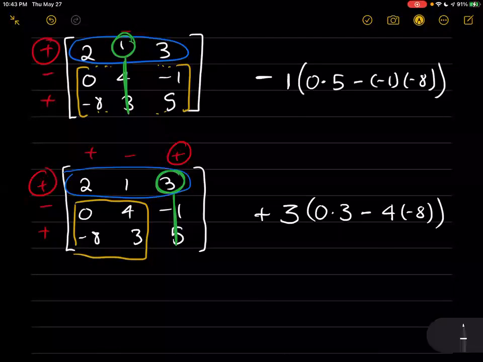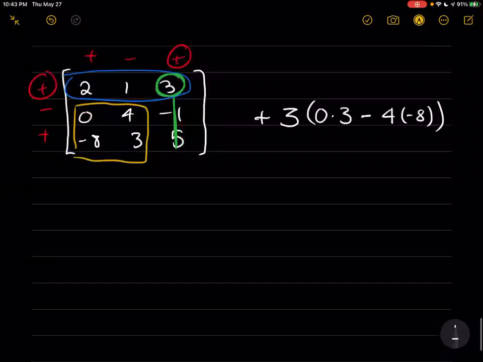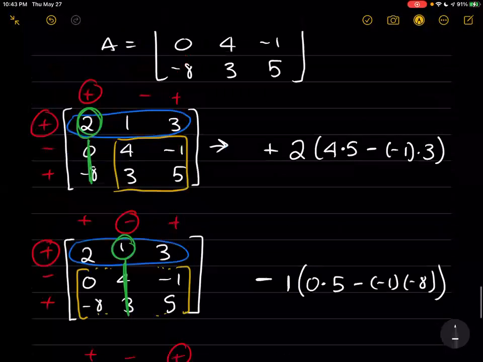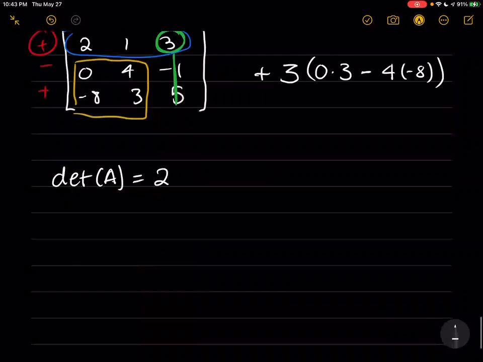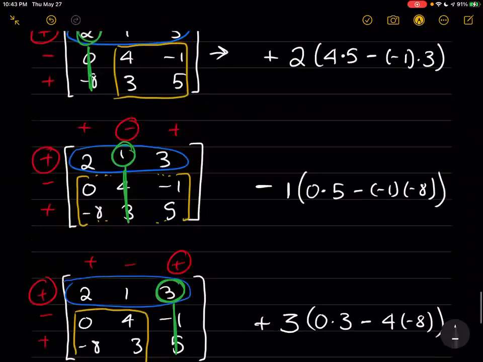Okay, then we add them all together. So the determinant of A is going to be, the first thing we found was this plus 2 times that determinant thing, so this is going to be 2 times 4 times 5 minus -1 times 3. And then it'll be a minus, right? So -1 times this.